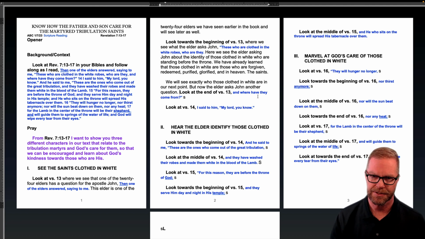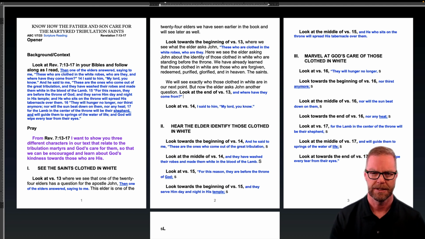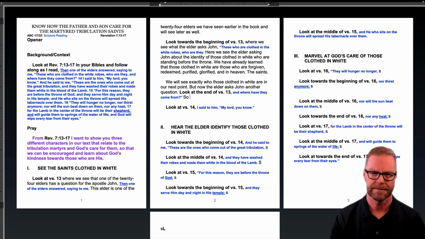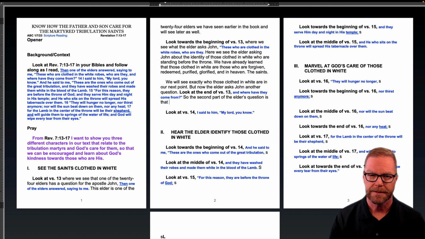Look at the end of verse 13. And where have they come from? So the second part of the elder's question is where those clothed in white have come from.